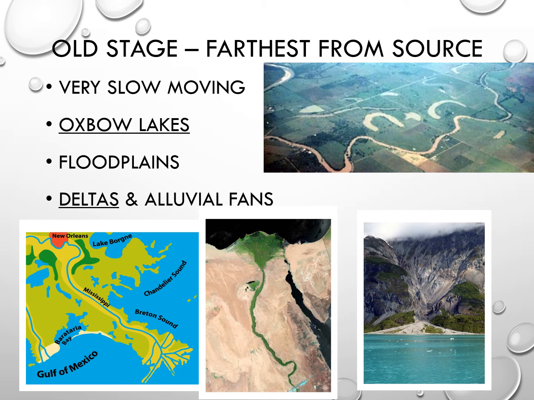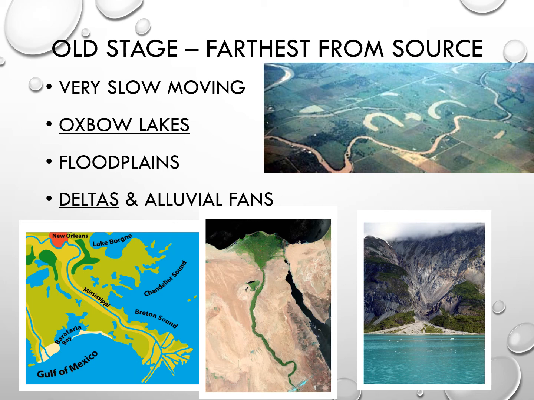And then finally we get to the old stage, and what happens with the old stage is the water is very slow moving. It's farthest from the source, and we get what's called oxbow lakes. So you remember those meanders I just mentioned? Sometimes those meanders can get cut off, and they form these oxbow lakes.